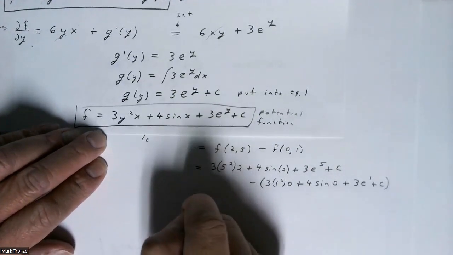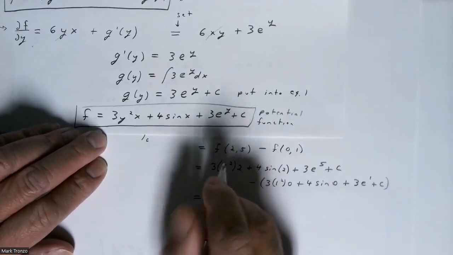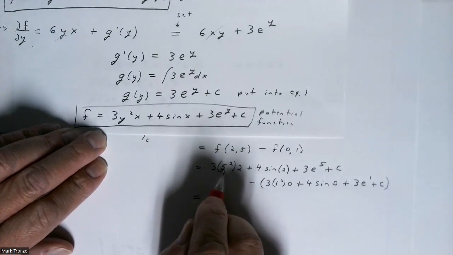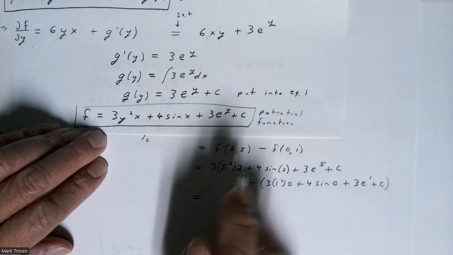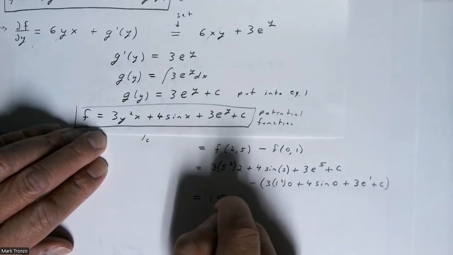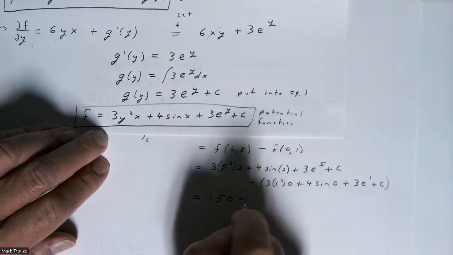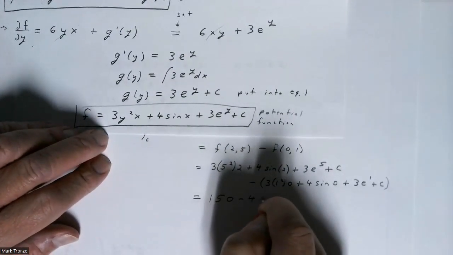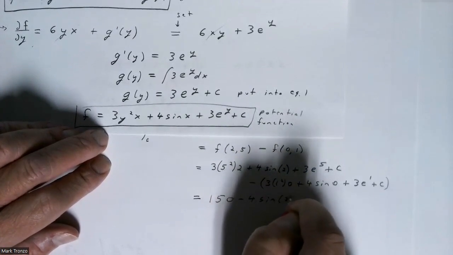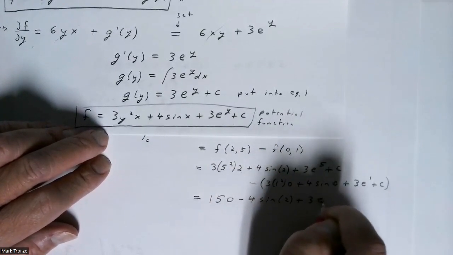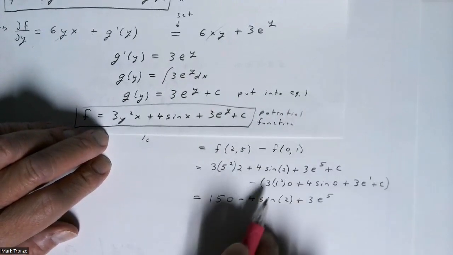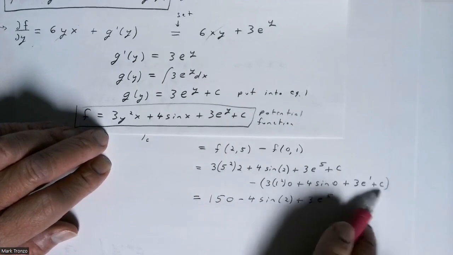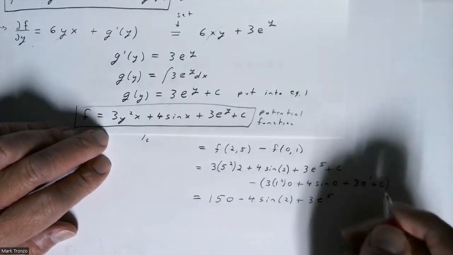And then this is going to be, that'll be what, 25 times 2 is 50, times 3 is 150, minus 4 sine of 2. I'm going to need my calculator to do that, or you can just leave it in that form, plus 3 e to the 5th. And this is going to be 0 here. This is going to be 0. Like I say, the c's are going to cancel.